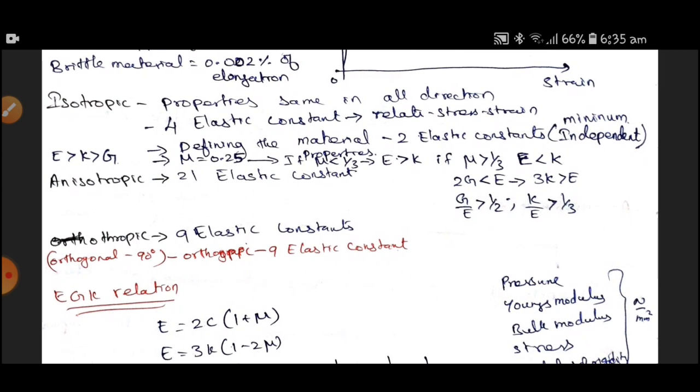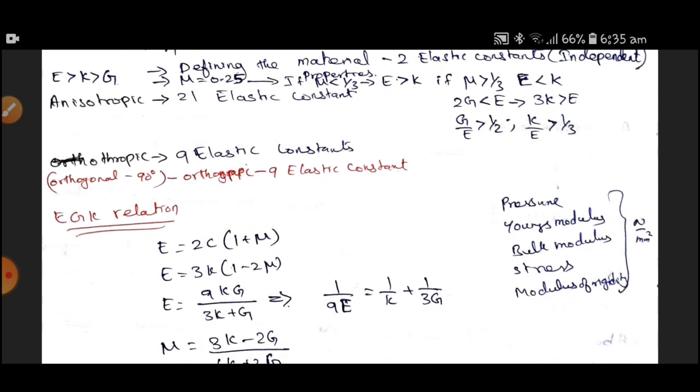Here, orthotropic means 9 elastic constants are required to define the stress strain relationship. Ortho means 9 elastic constants, as well as orthogonal meaning 90 degrees.